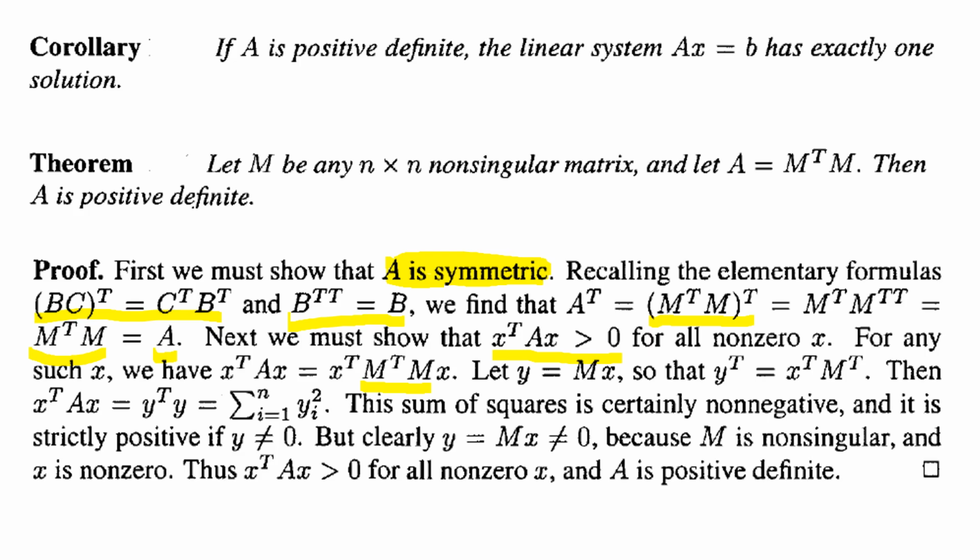Then x transpose Ax is equal to y transpose y, because y is equal to Mx. Here we write the y, and it is the y transpose. Therefore, x transpose Ax is equal to y transpose y.